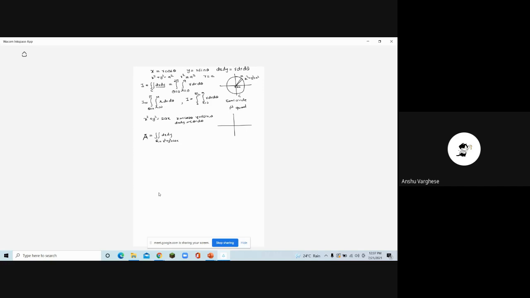Very good. So what is x square plus y square? It is r square. And what is 2ax? It is 2a r cos theta. So r and r will get cancelled, so r is equal to 2a cos theta. This is the equation of the circle in polar form. Isn't it? Everyone.